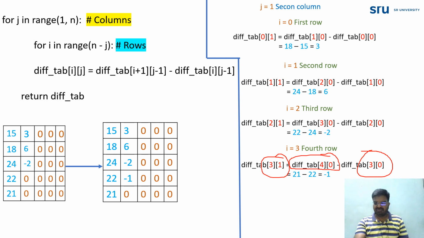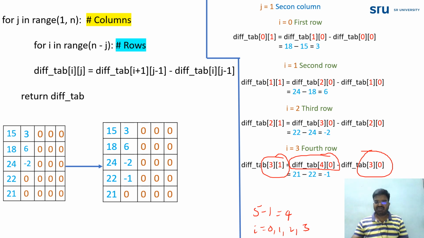Okay, you have to observe one more thing here. See, the inner loop runs j from 0 to n minus j. Here n equal to 5, j equal to 1. In total it is 4. Now you can see here i takes 0, 1, 2, 3.